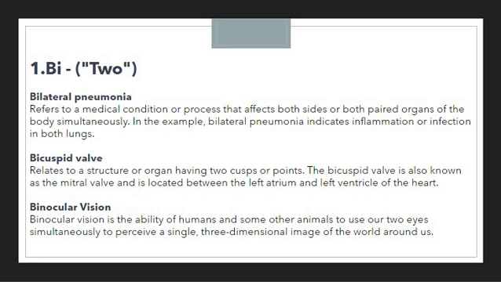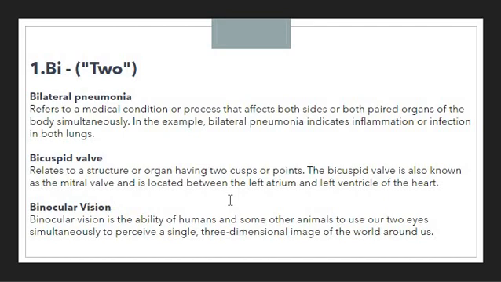The bicuspid valve is also known as the mitral valve and is located between the left atrium and left ventricle of the heart.